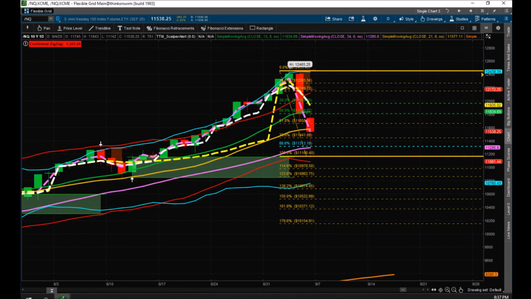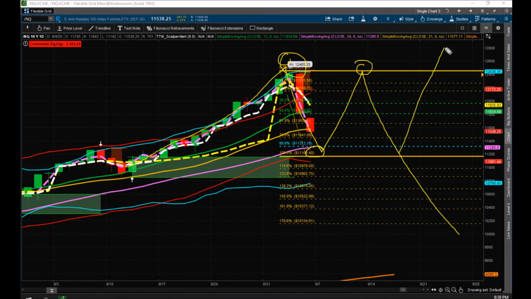It could make a big M. Let's say your M starts here, bounces there, comes back here, and then comes back down. That's what I see. Or it could start making a W. Your starting point is right here, bottom point here, then it goes back to test the highs, and then it does this here.